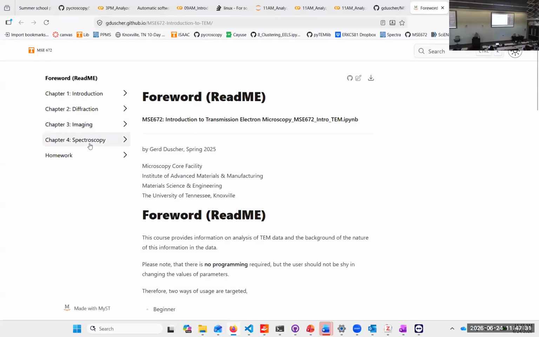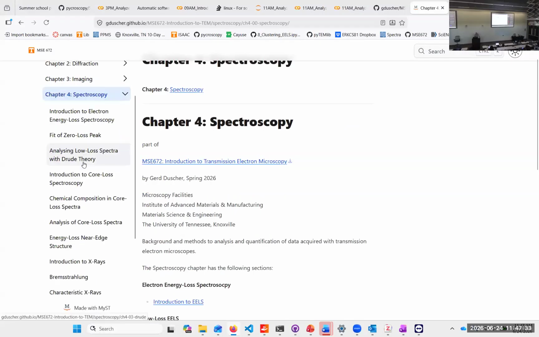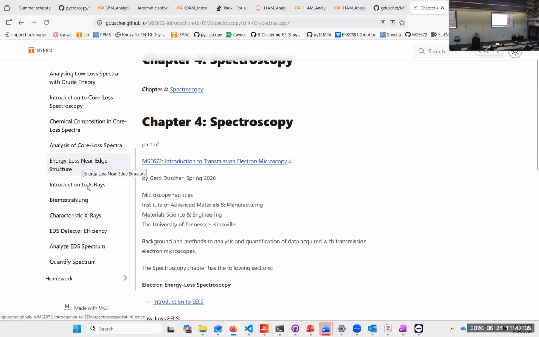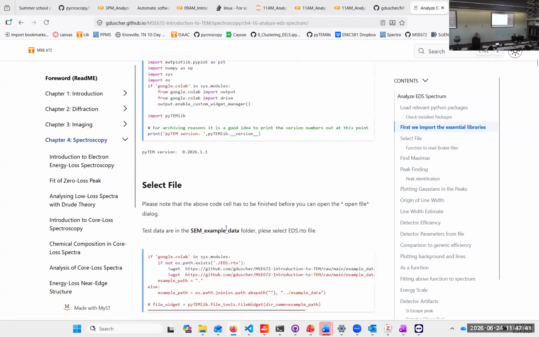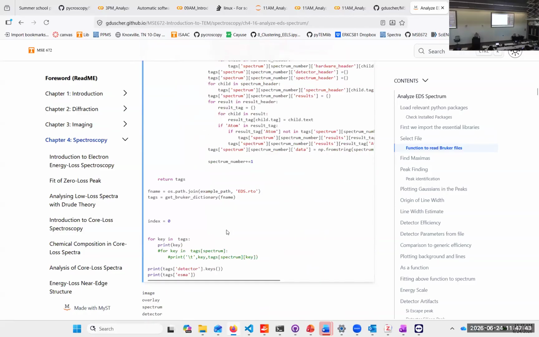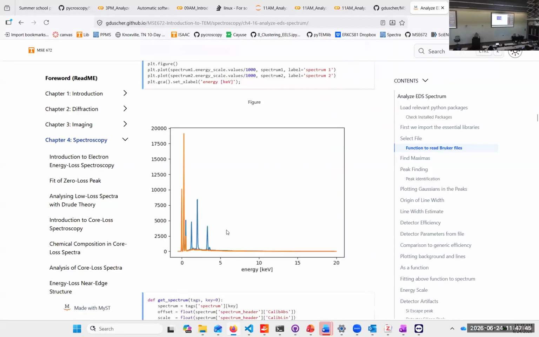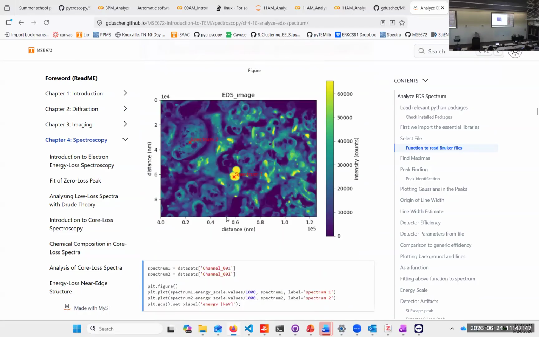Go to the Jupyter book of that. I had a section here on. I have this example here in my lecture.